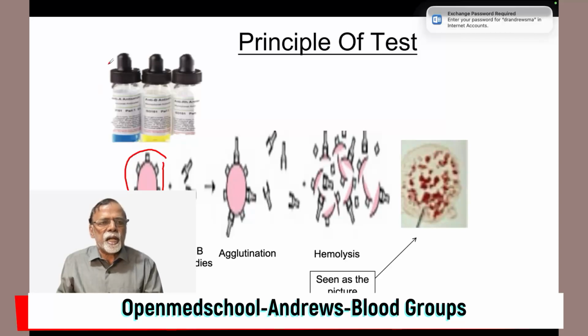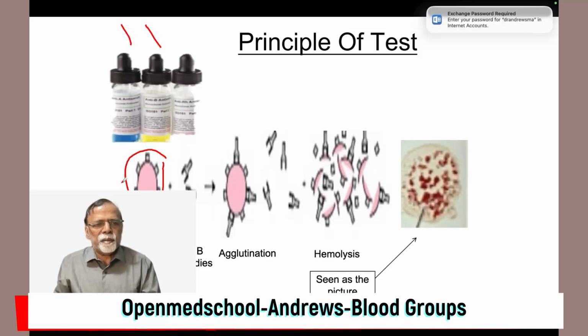So these antibodies are anti-A, anti-B. When you are adding this, here you think that this is a B type and you add the anti-B. I have already told you that these antibodies are present in the serum.